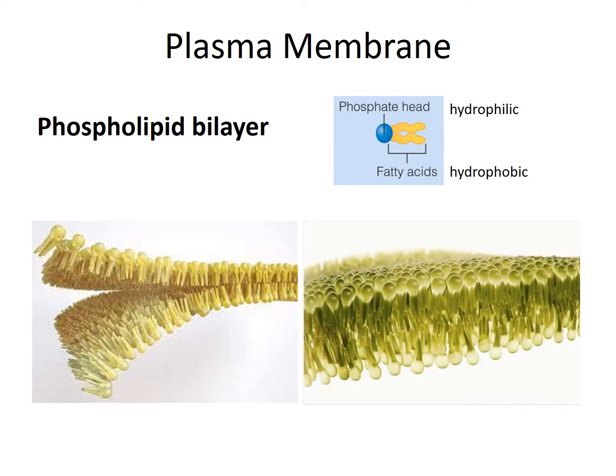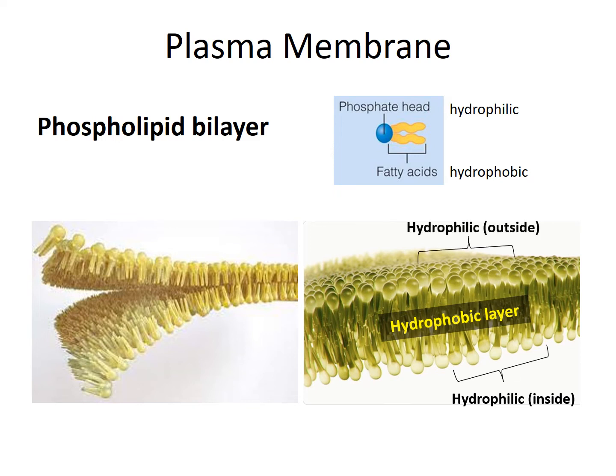Here's what it looks like when it's zipped up. You can see the hydrophobic layer in the middle protected on either side by these, I'll call them liners, of what becomes the plasma membrane, where there are hydrophilic phosphate heads facing the inside of the cell or organelle, and also hydrophilic phosphate heads facing the outside of the cell.